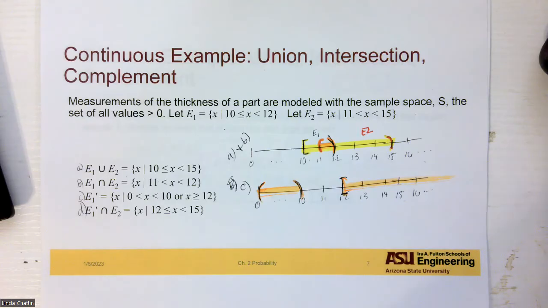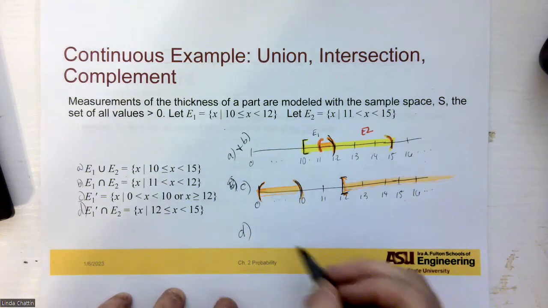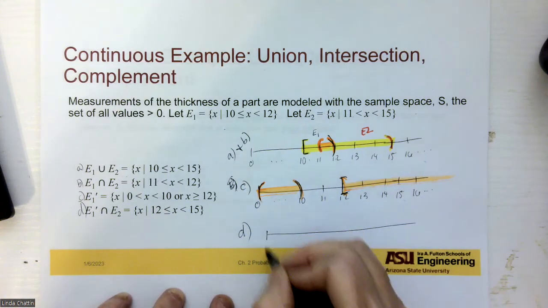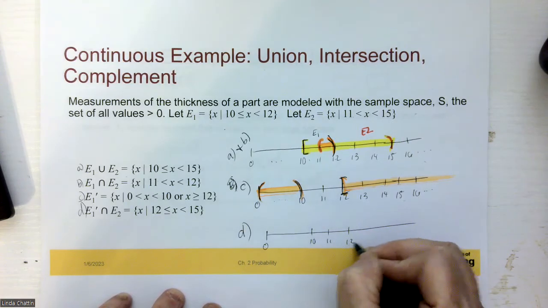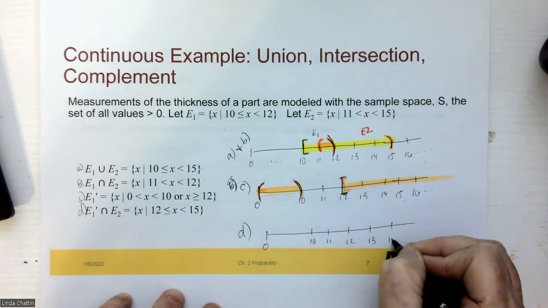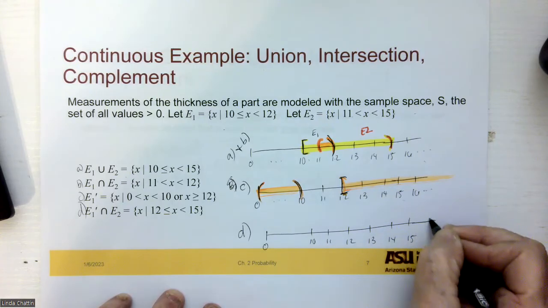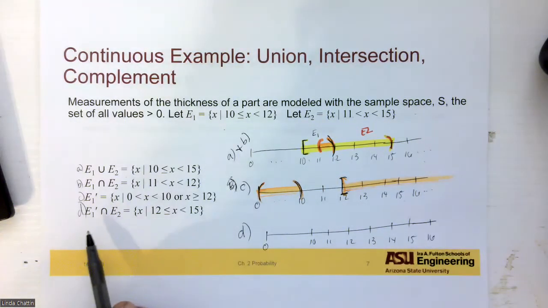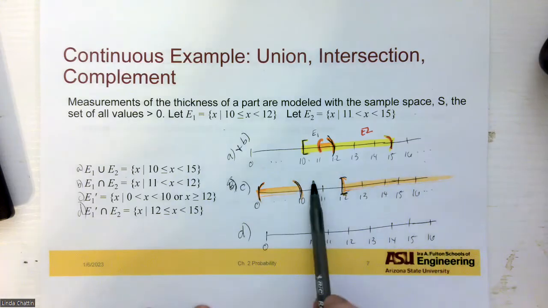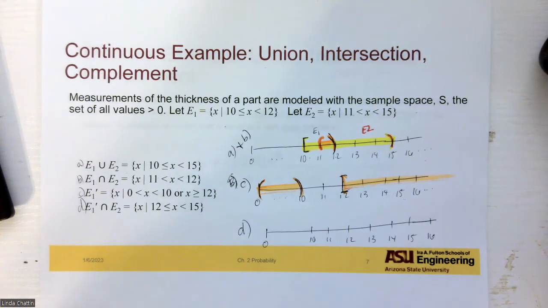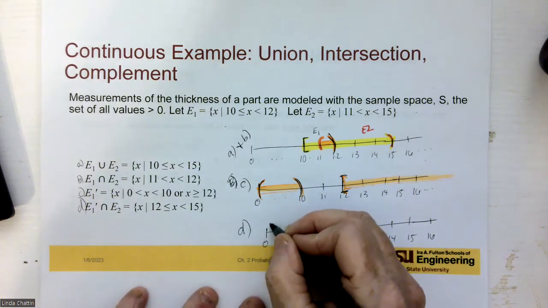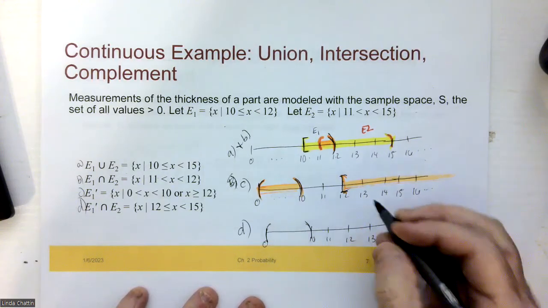And then finally for part D, and again, I'll draw this. Kind of wish I had had this pre-drawn, but that's okay. Okay. This one says E1 prime, so we've got a picture of that right here, intersected with E2. So what was E2 again? So E1 prime, let's do it this way. This is E1 prime.